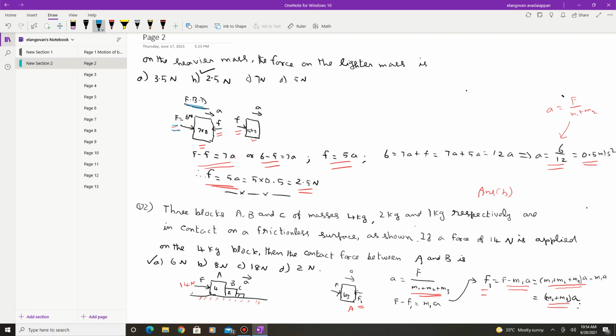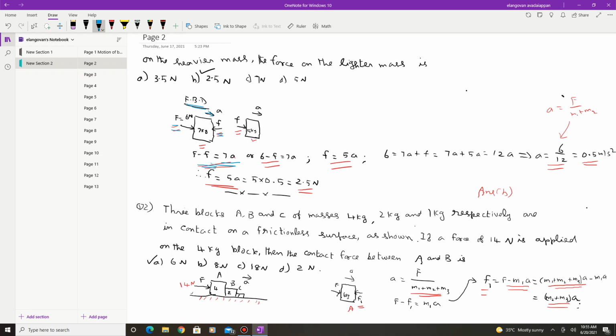So the contact force from the second block to the first block is given by small f, and the acceleration is along the direction of the force. So from this you can get an equation: F minus f, the differential force, is the net force, which is equal to mass times acceleration. Mass is 7, so this is 7A. So you will get this equation.